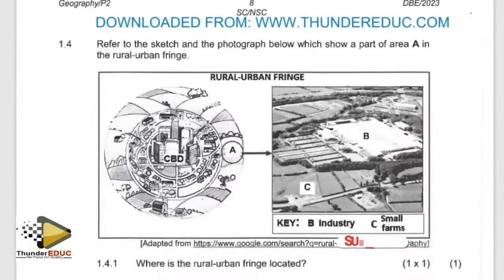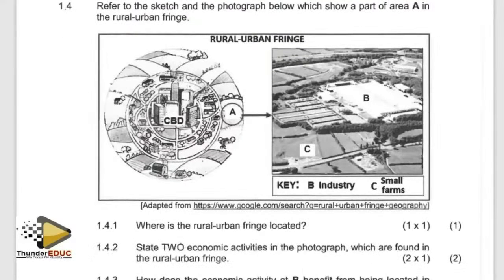1.4 refers to the sketch below of the photograph that shows part of area A in the rural urban fringe. Okay. What is a rural urban fringe? Where is it located? We say at the edge of the city, or the periphery of the city.